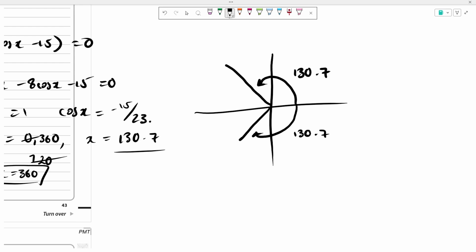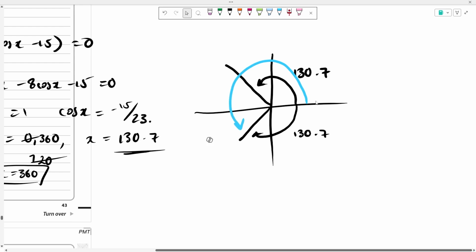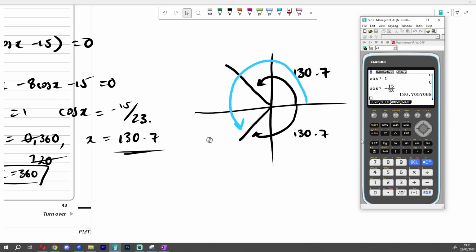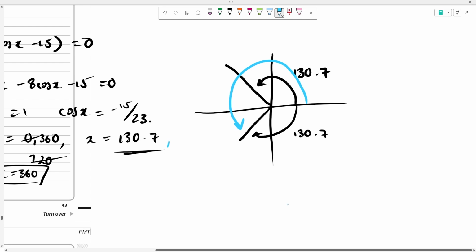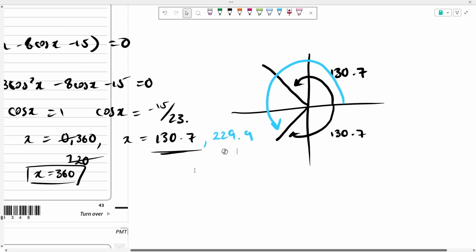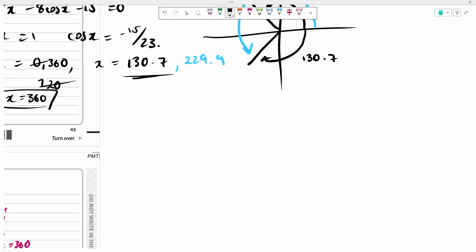Well, we've got our first value here. Cool. What is this angle here? Well, that's essentially going to be 360 minus 130.7. We can stick that into our calculator, like so. And we've got 229.29. Once you've got your first two pair values, you can actually start to add 360 to both of them, because there only exists two pair values.